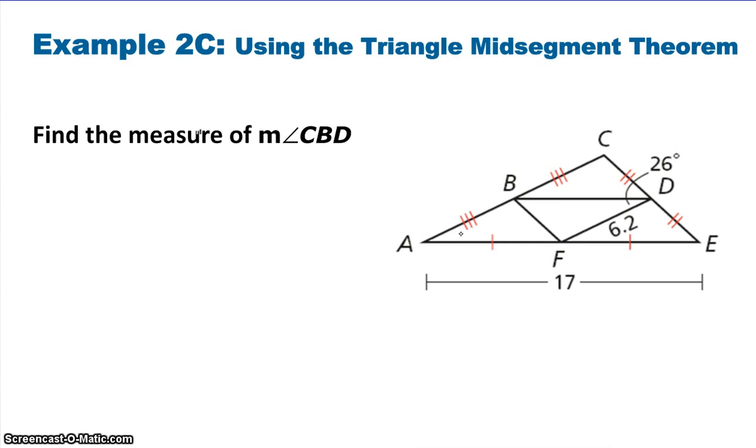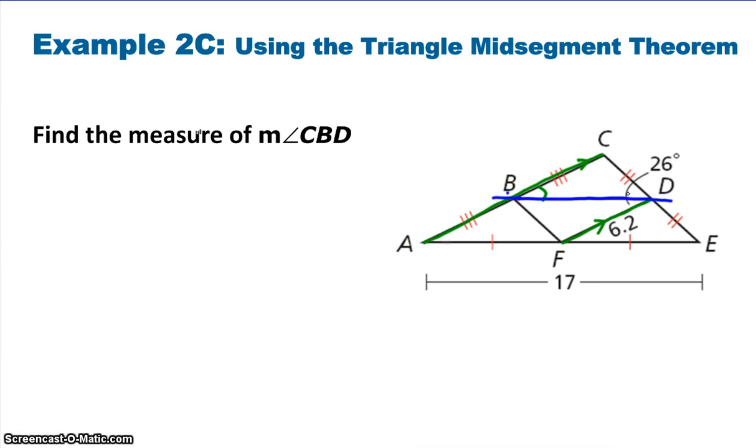Alright, our goal here is to find the measure of CBD. So here we are here. I know that line FD is a midsegment because it cuts AE and CE into 2 equal pieces. And the side opposite that it doesn't touch is AC. So these 2 lines must be parallel to each other. Notice that we have a line that cuts through both parallel lines.